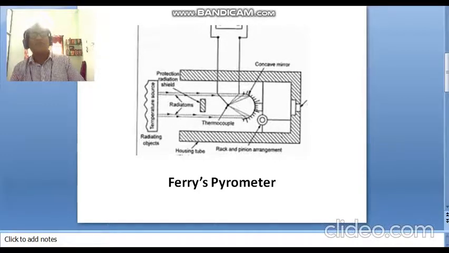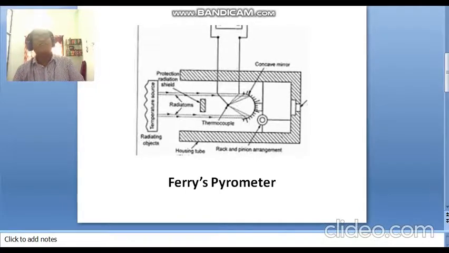So this is the main construction part, and we observe two types of images of this thermal radiation. One is in focus. That means if the image is exactly in a circular form, then that image is said to be in focus. If both halves or discs are not coinciding exactly with each other, then that is said to be out of focus.